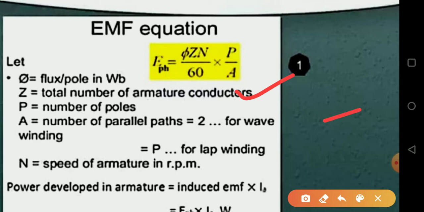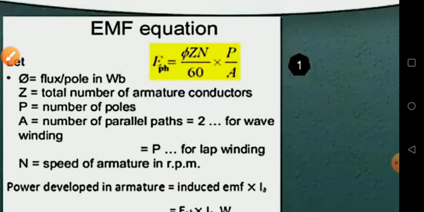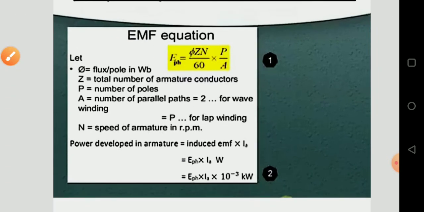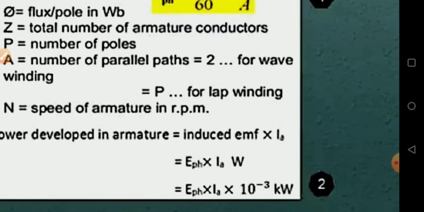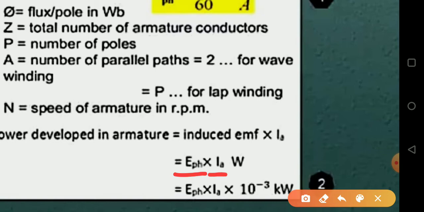So power developed in armature equals induced EMF E into I. We know that P equals V into I. Here the induced EMF is EPH and I is IA, which is the armature current. So we multiply both EPH into IA.